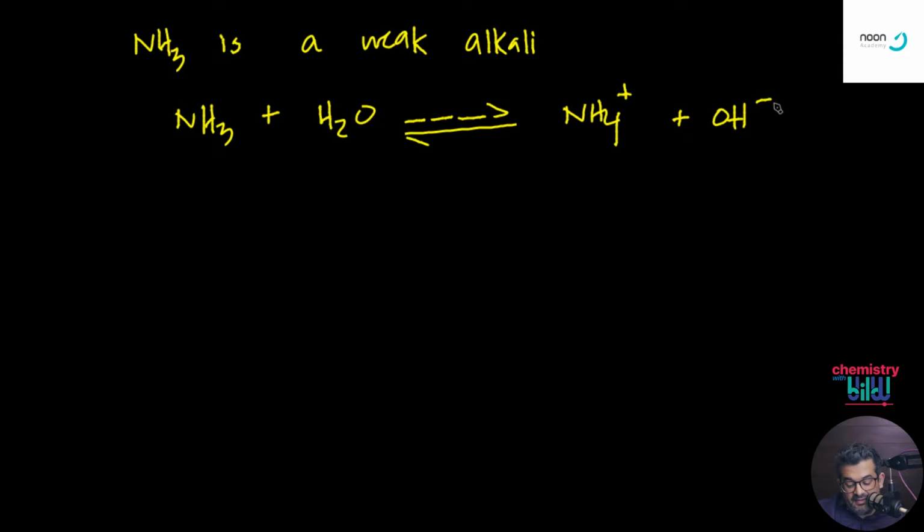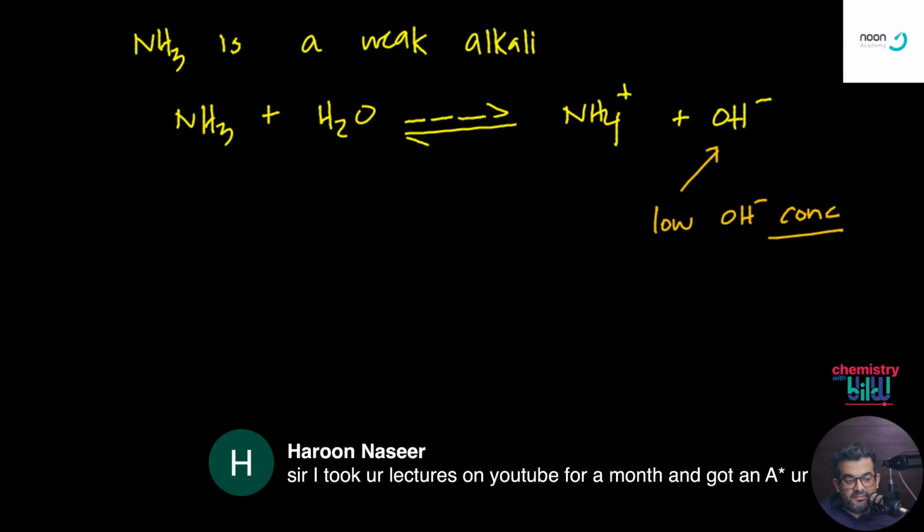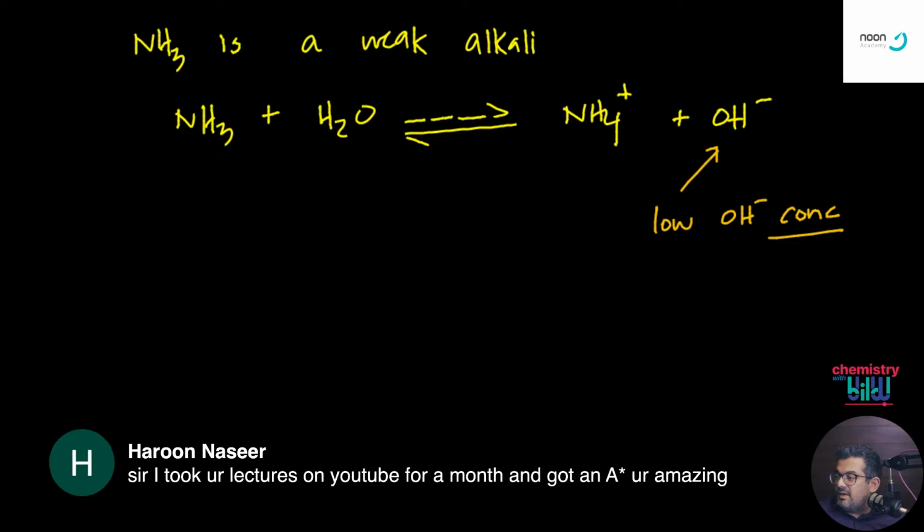The reason ammonia is a weak base is that it has a low OH ion concentration. And we'll do weak and strong acids. Alright. Thank you, Harun. That's very good to know that I could help you out.